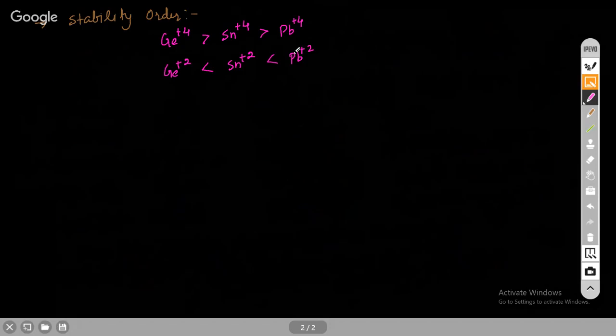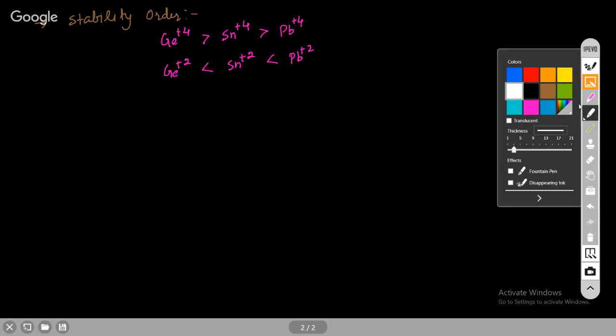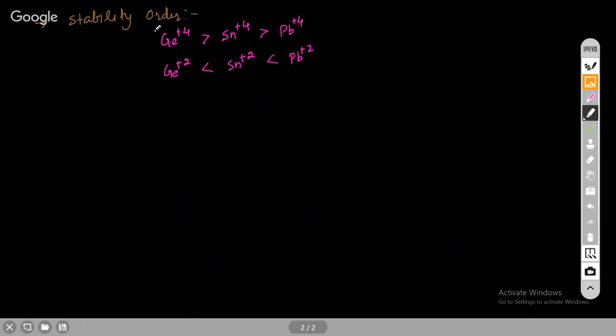Okay. Now you tell me one thing here. For germanium, you see germanium is more stable in +4 oxidation state, right? So whenever you have Ge +2, it has tendency to convert into Ge +4, right? Similarly, lead is more stable in +2 oxidation state.